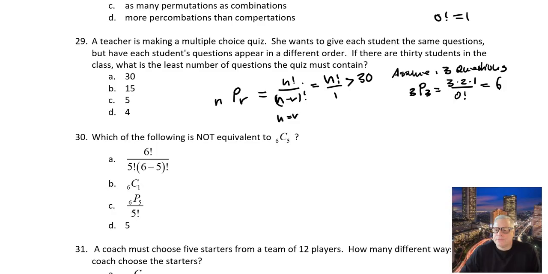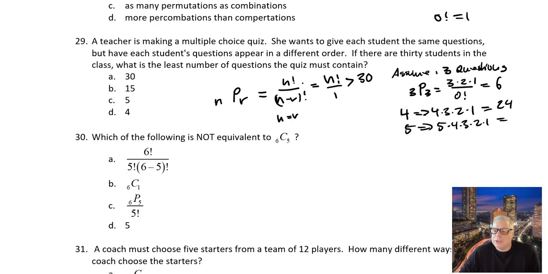Okay, so now we just can try what happens when we get 4. So then we would get 4 times 3 times 2 times 1. So that is equal to 24. What about 5? Well, if she has 5 questions, then the answer would be 5 factorial, 5 times 4 times 3 times 2 times 1.